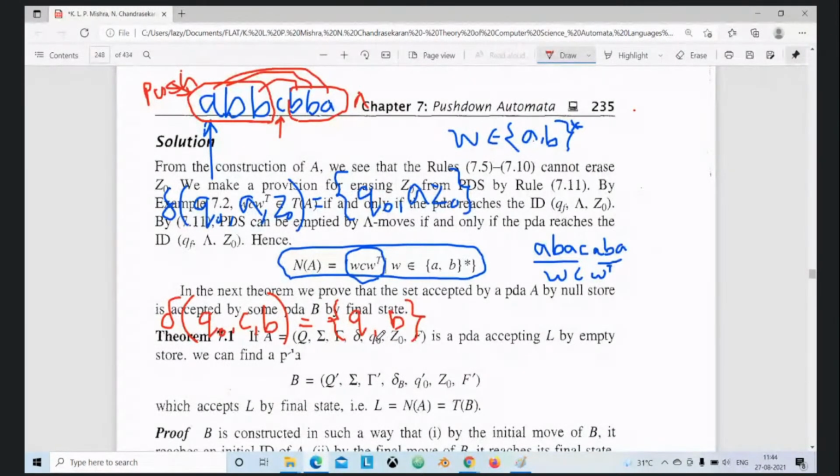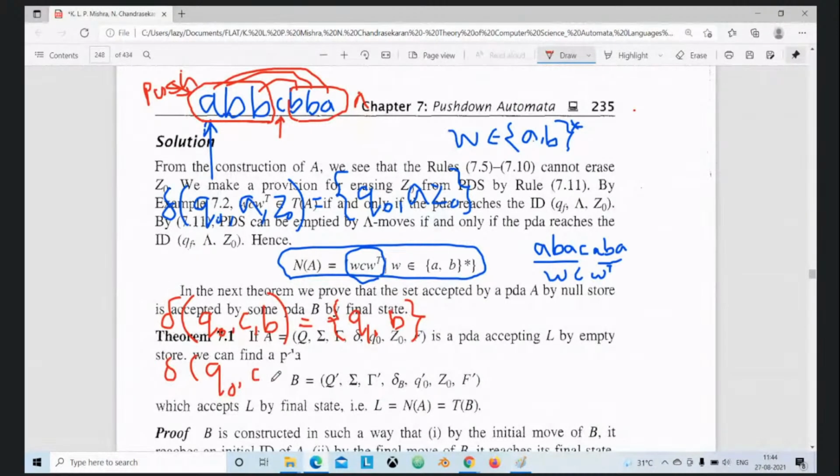We should change the state definitely. So here let me make it Q1. So this is suggesting that we are not doing anything, we are simply ignoring C, because the top of the stack is not changed. Previously it was B and now also it is B. So you have to write all the possible configurations.